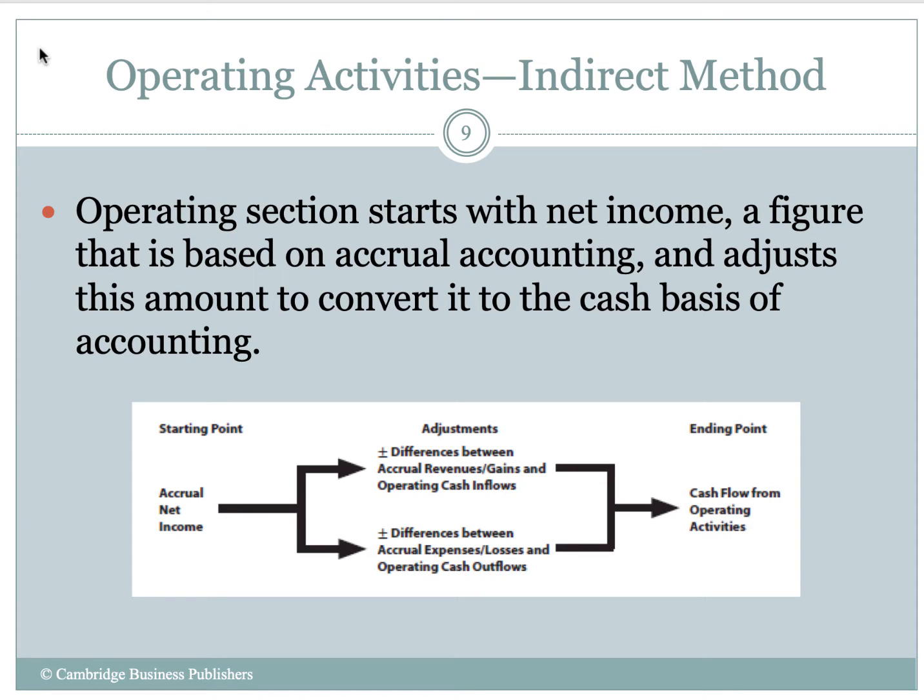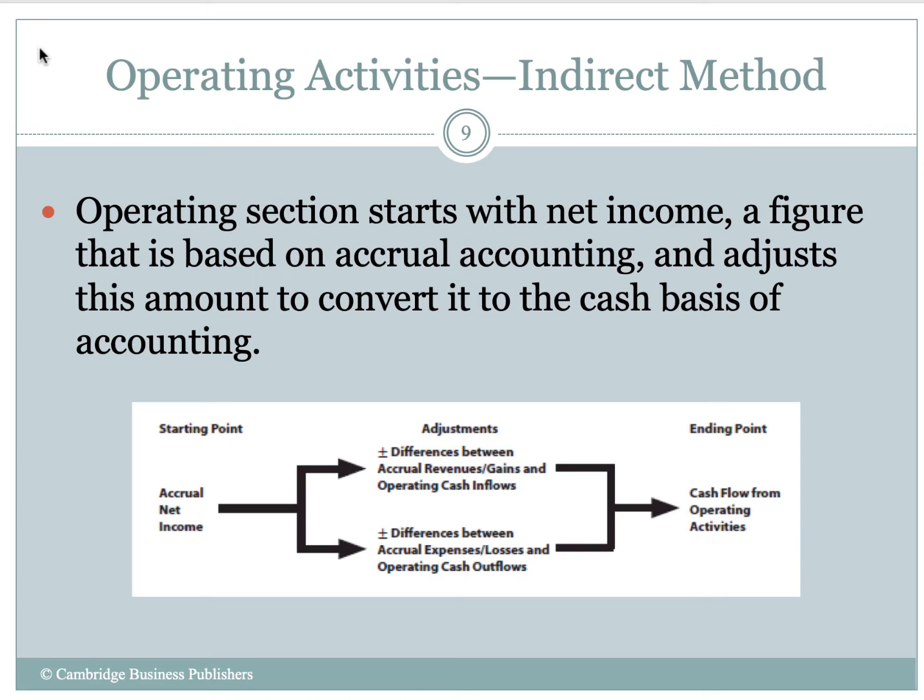So when we're preparing the statement of cash flow, basically what we're doing is we're taking our financial statements, the income statement, and the balance sheet, and statement of owner's equity. Those are all prepared using the accrual basis of accounting, right? Now we need to convert that to the cash basis, okay?